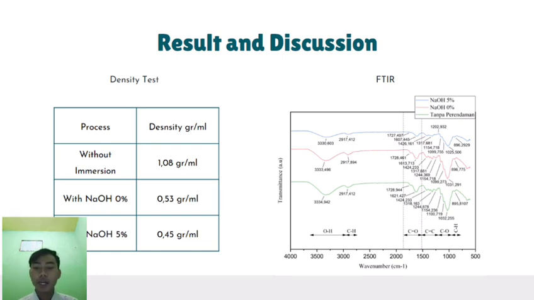In this study, the C=O bond was still present but showed a significant decrease in peak intensity. So the decrease in peak intensity indicates the delignification process could reduce lignin content but did not completely eliminate it.